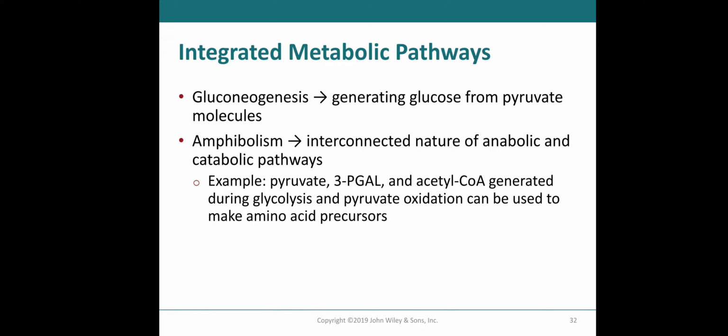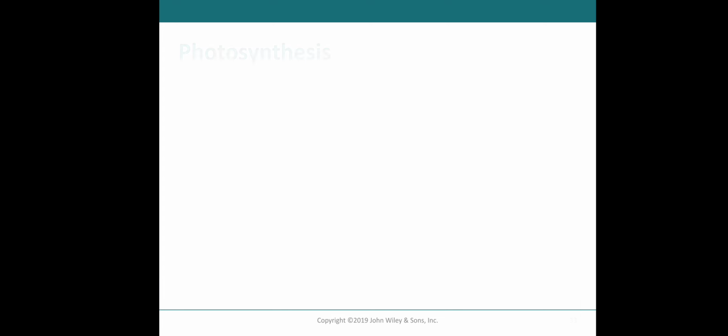So that is the nature of metabolic pathways. The intermediates can be shuttled; most intermediates are not exclusive to one pathway. Most of the time they share intermediates. So in the next part of the video we will look at photosynthesis.